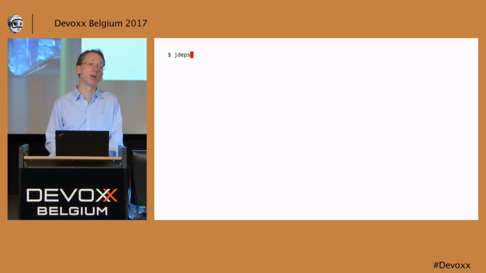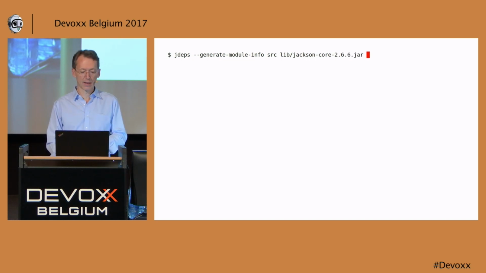I can ask JDeps to generate a module-info.java file for me. So jdeps generate module info. It will put that into the source tree, and I want it to generate a module info for this jar file right there, and it goes off and does that.